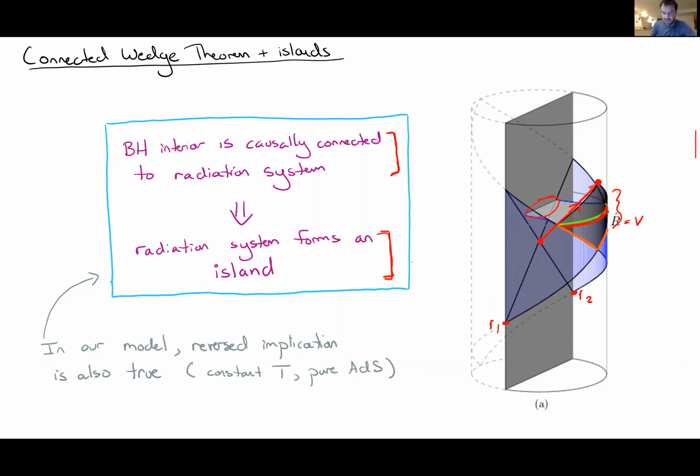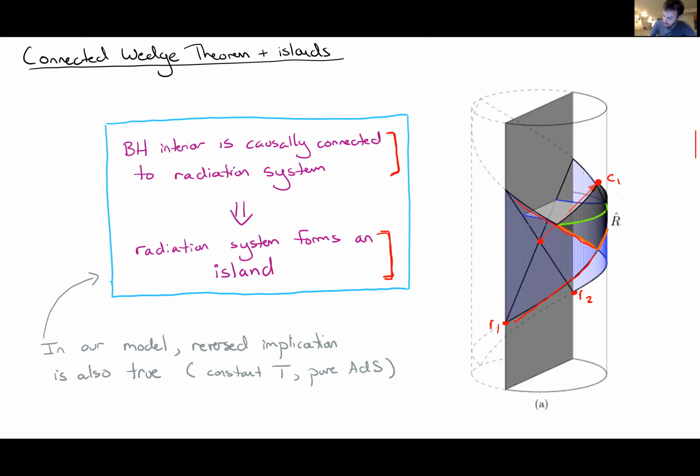There's a slightly awkward thing here in that the radiation system picked out by this point C1 will sit apparently just outside of the Poincare patch. I've drawn the patch here, and it includes these blue regions. And then R will sit right next to it, so it looks like it's outside the patch.